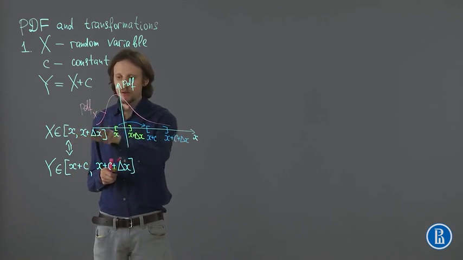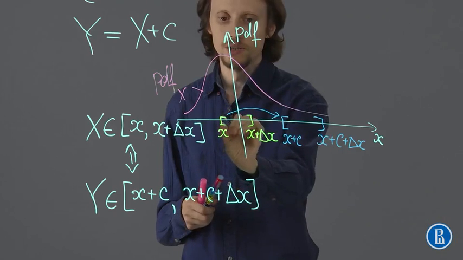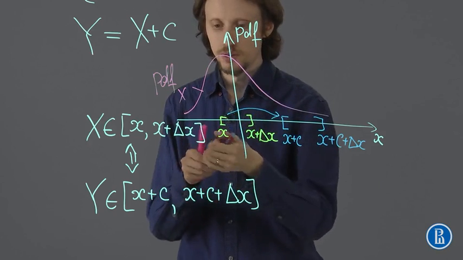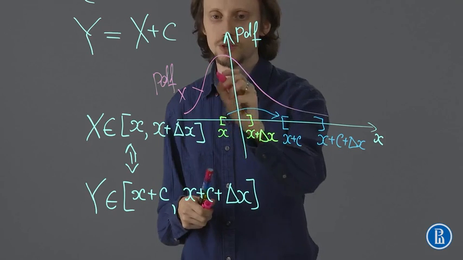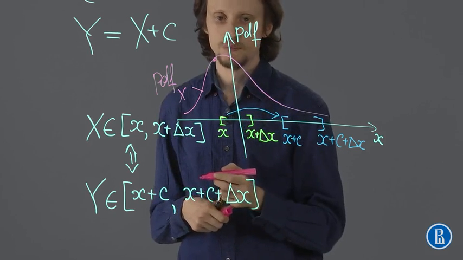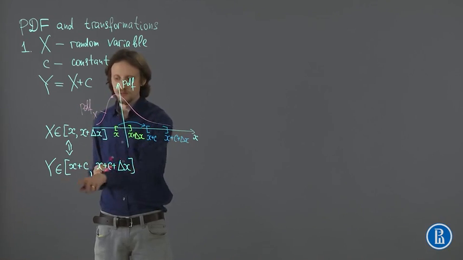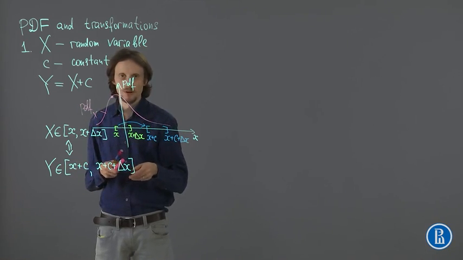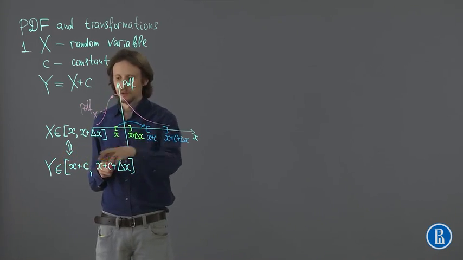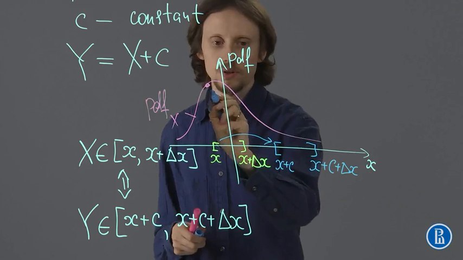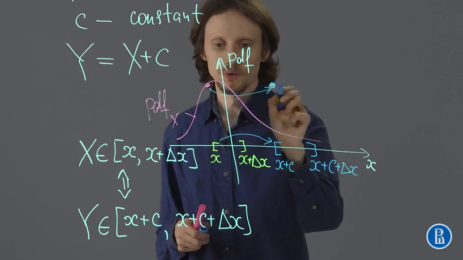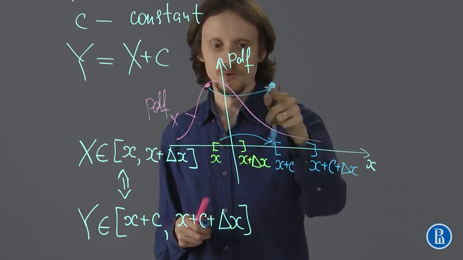However, the probability of this event, of getting our random variable x in this segment, is involved in the definition of the value of the probability density function f at this point. In the same way, the probability of this event is involved in the definition of the probability density function for random variable y. And it defines the value of the PDF of y at this point, x plus c. So it means that this point is shifted to this point, because this value of x corresponds to this value of y.